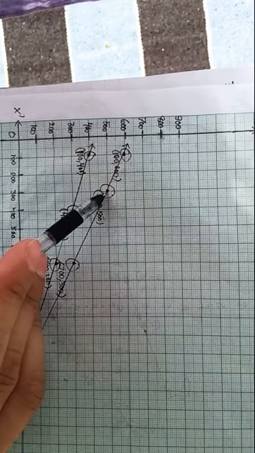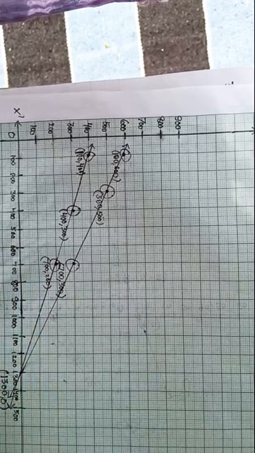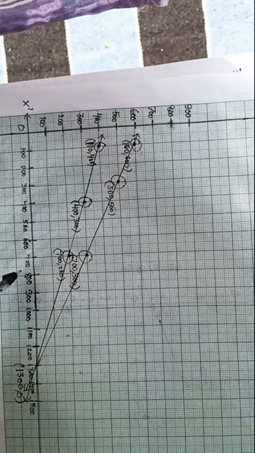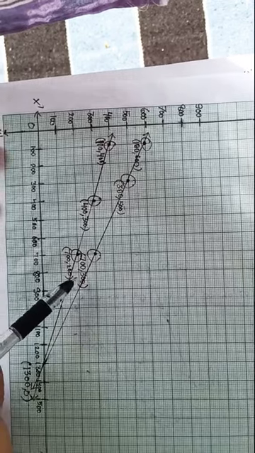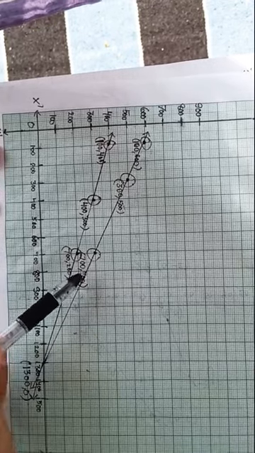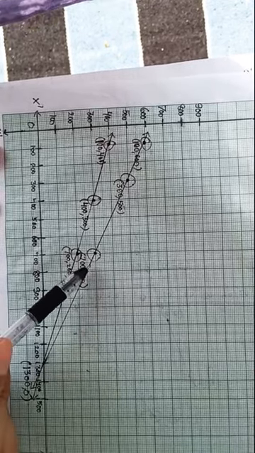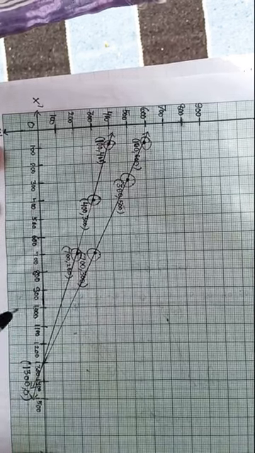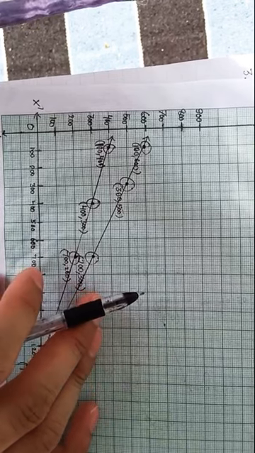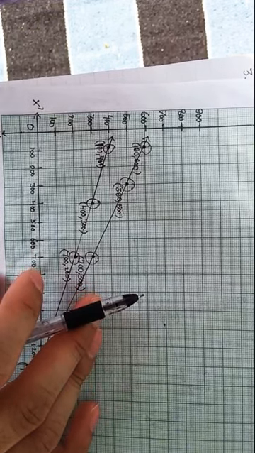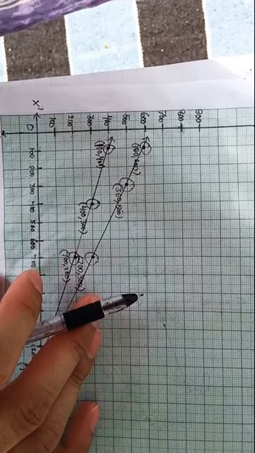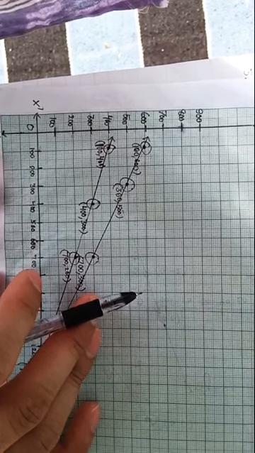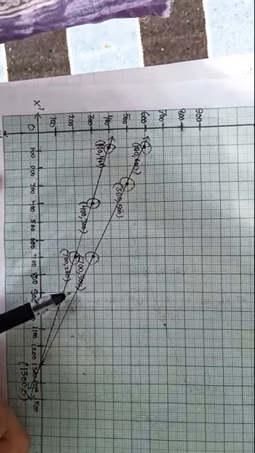So another coordinate is 300 comma 500. The next one, when we put 700 in place of x in the first equation, we obtained 300. So 700 comma 300.